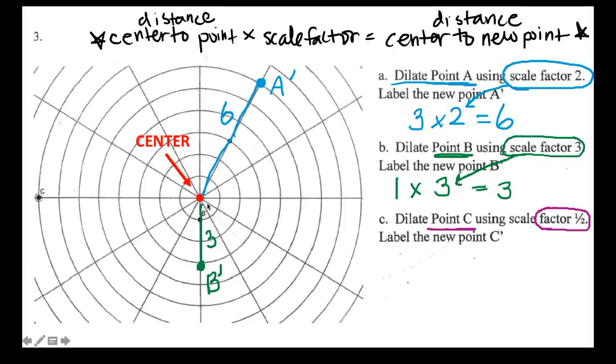Last one is point C. Our scale factor is 1/2. And remember, if the scale factor is larger than 1, we're going to get bigger. If the scale factor is less than 1, we're going to get smaller or shorter. So the distance from my center to C is 8 units.